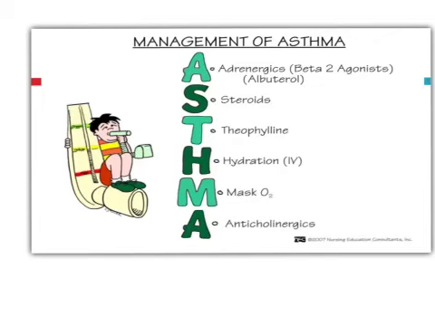Beta-2 agonist and albuterol, which again is one of those rescue inhalers. They give them steroids to help decrease the inflammation. Same thing with theophylline, hydration, and oxygen as needed, of course, and some anticholinergics, and those are your drying effects. Medication that has drying effects, which means your mucus is what they're trying to dry here.